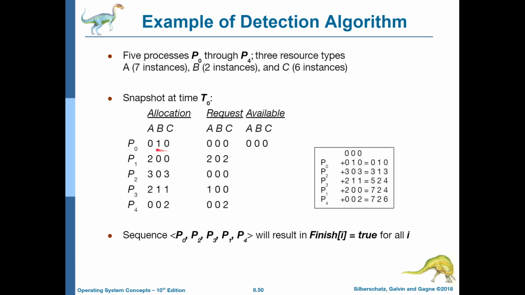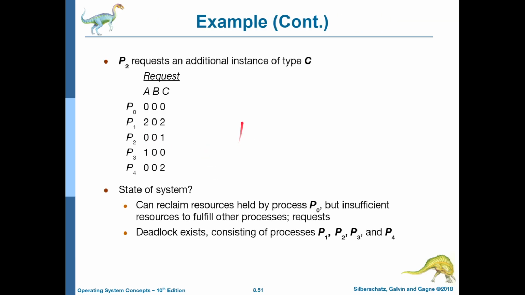Remember, process 0 has an allocation of 1, but nobody's looking for one resource of B. None of the other processes, process 1 through 4, is looking for that. And so all these processes, 1, 2, 3, and 4, consist of a cycle, and thus we have a deadlock state.